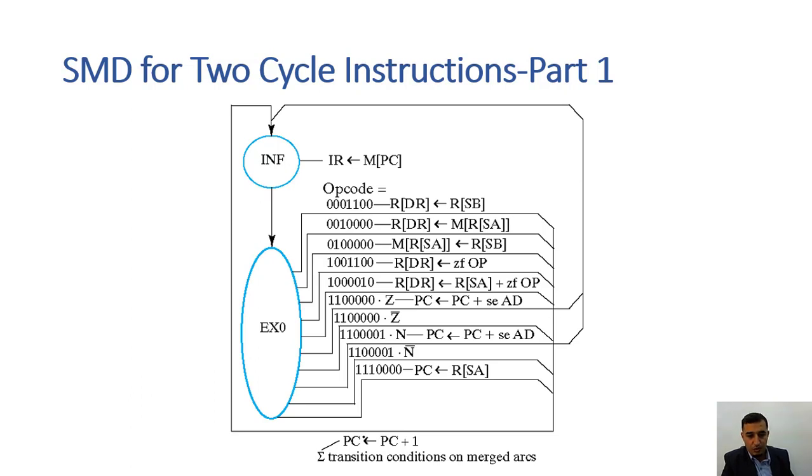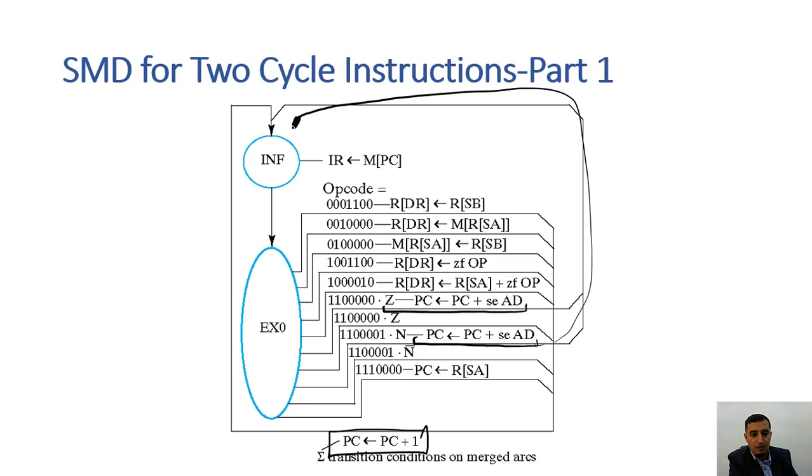All normal instructions will go to the value of PC plus 1. However, if you have a branch instruction, then you are going to use the sign extended value, branch to these new values, and go to instruction fetch.